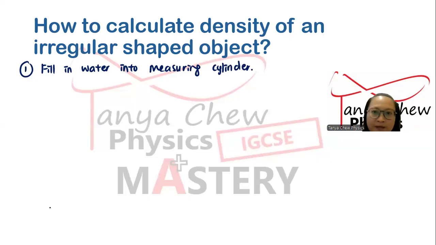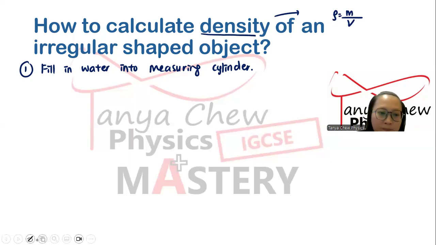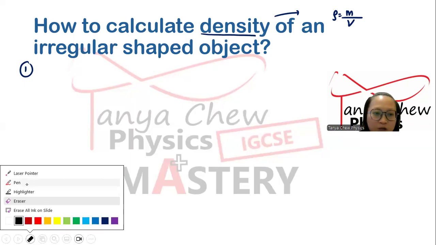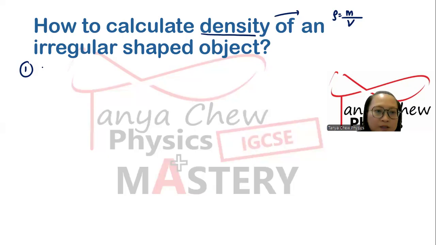Oh, if you want to write the mass first, because when you see how to calculate the density, always write down the equation of density. Density depends on mass and volume. It is okay, you can write down the mass first. Mass is easier because we just place that object on top of the electronic balance. Measure mass of object.